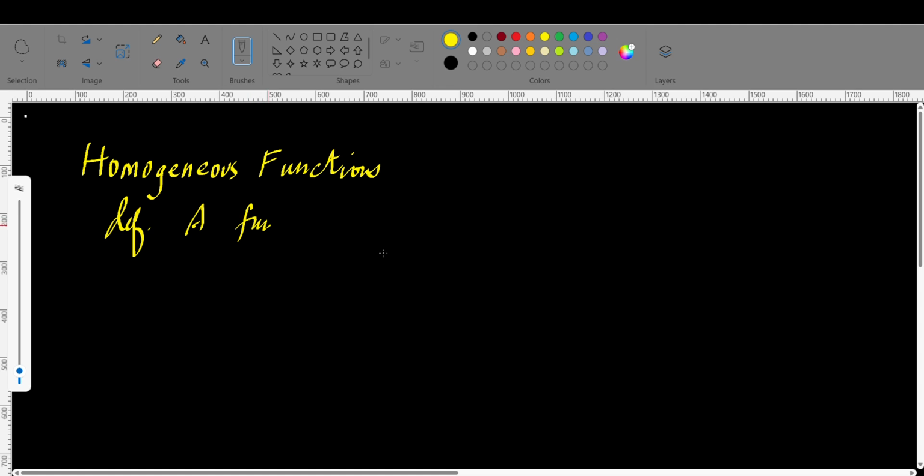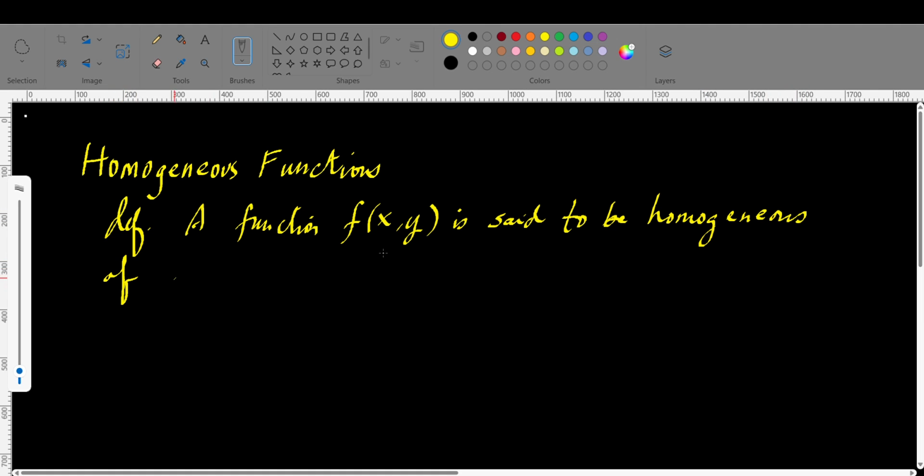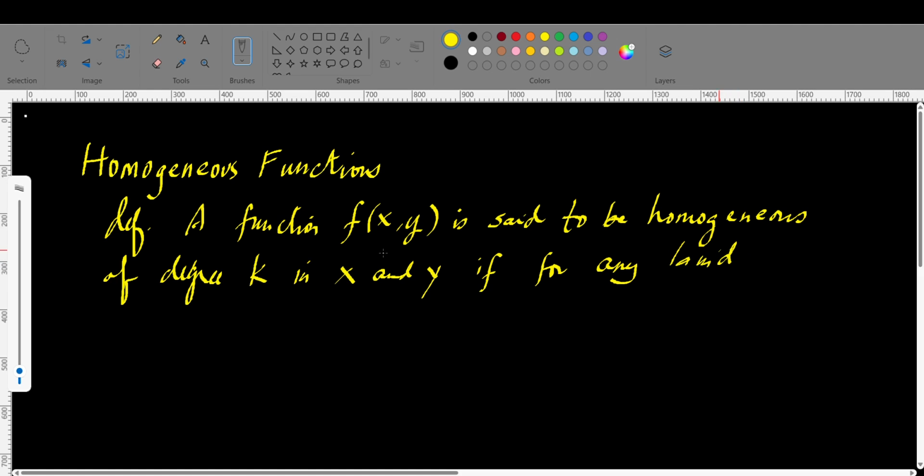A function f in the variables x and y is said to be homogeneous of degree k in x and y if for any lambda, f of lambda x, lambda y is equal to lambda to the k times f of xy.